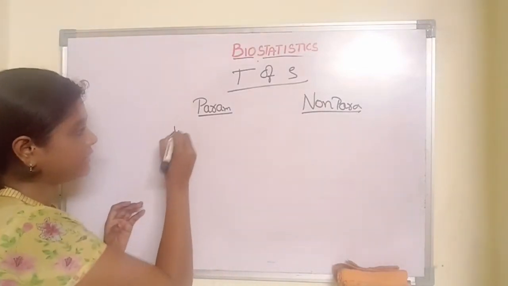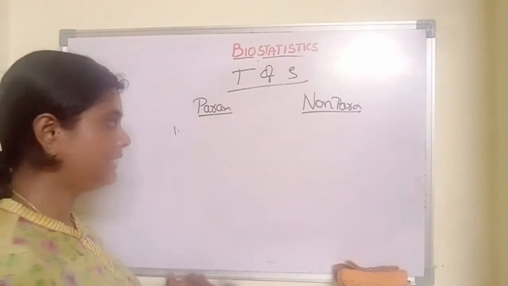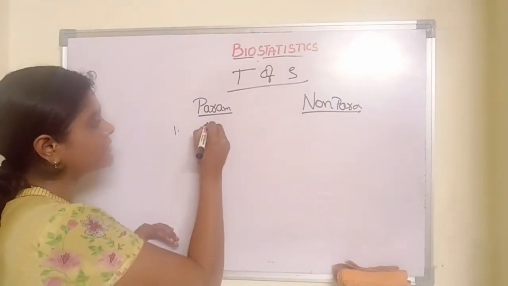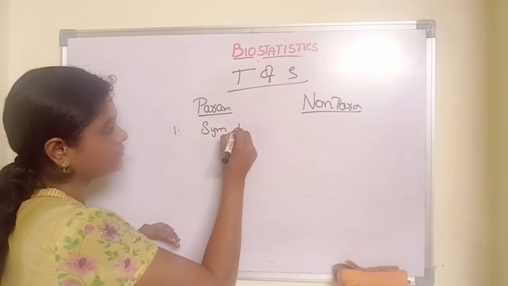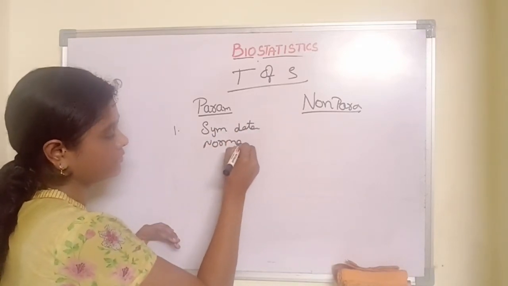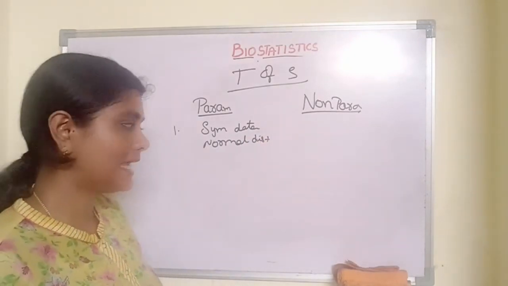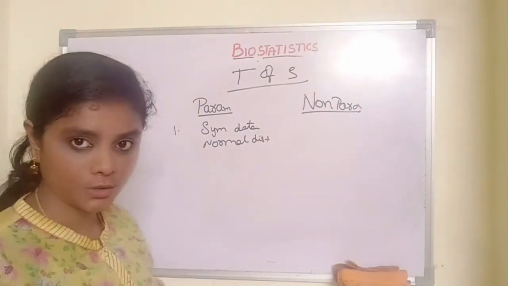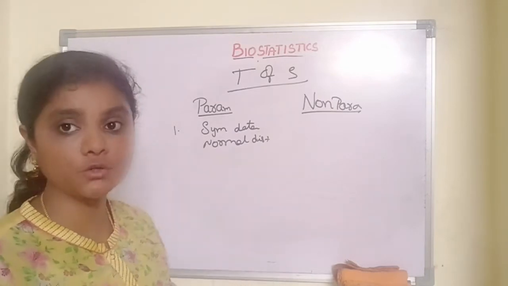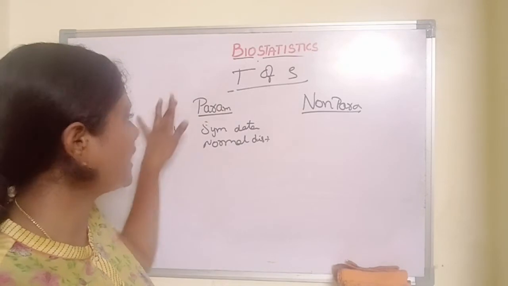First, let us try to understand. Parametric tests are done for symmetrical data or normal distribution. When you have an MCQ saying somewhere in the question that the distribution is normal, you have to give your answer related to parametric tests.